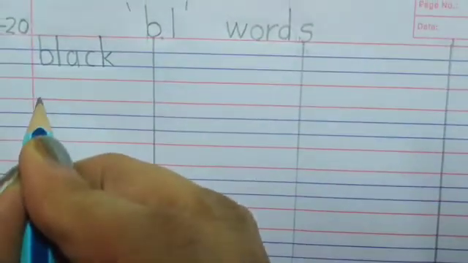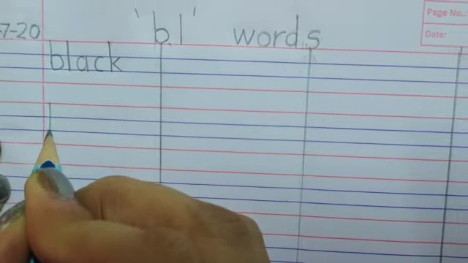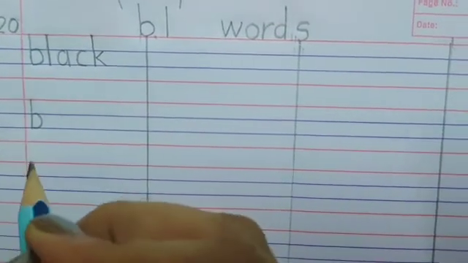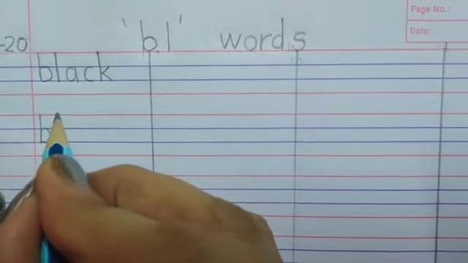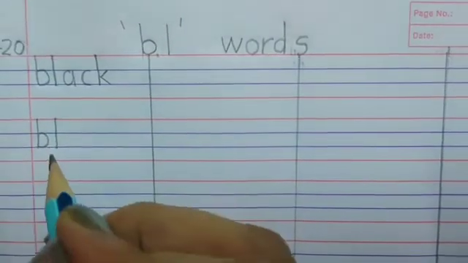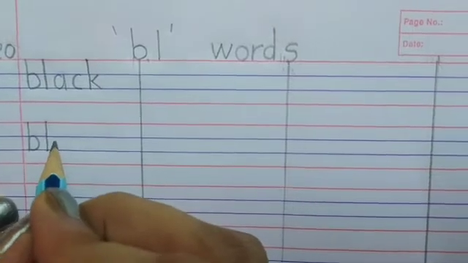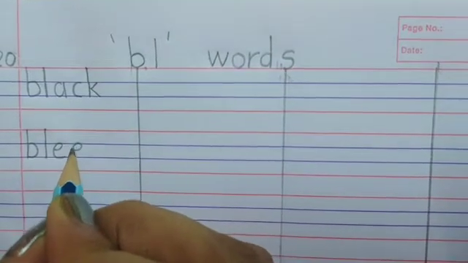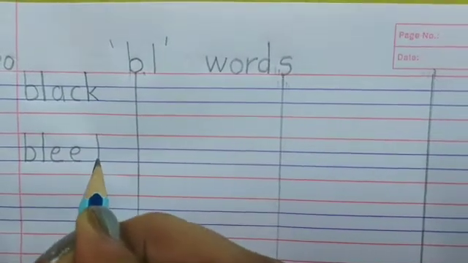The next word, bleed. Start from the red line, come straight down to the blue line, you go up and you curve blue line to blue line, B. From the red line, you come down to the blue line, L. Blue line to blue line, E. Blue line to blue line, E. From the red line, you come down, you go up and you curve blue line to blue line, D. B-L-E-E-D, bleed.